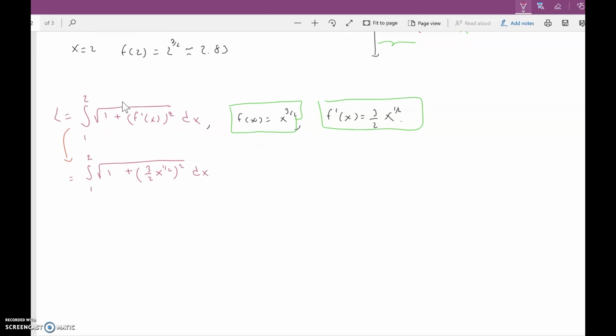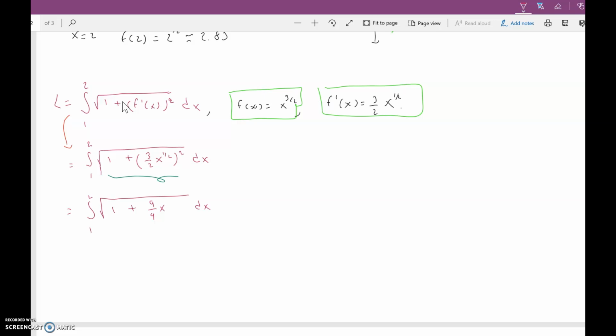So this is the portion that I had mentioned that some of these tend to be messy. Keep in mind that we're still working inside of the square root. So this is going to give us the integral from 1 to 2 of the square root of 1 plus 9/4 x dx. And good news, we can actually do this one.